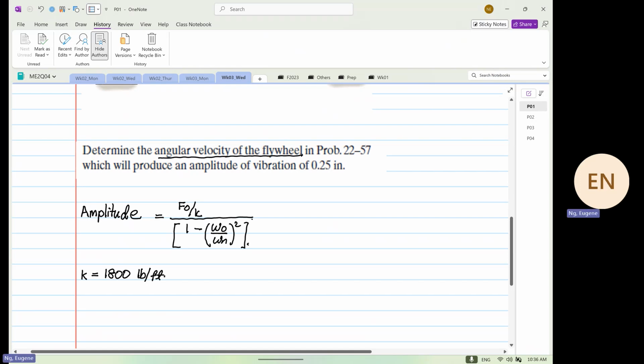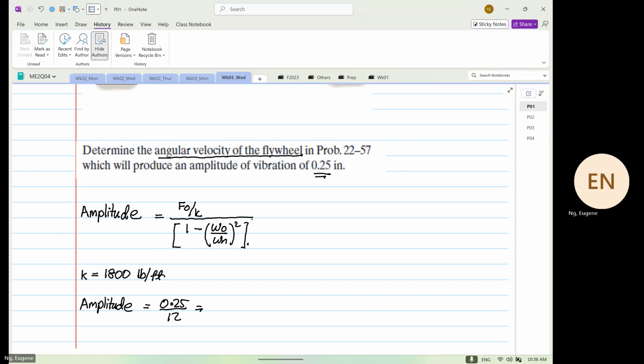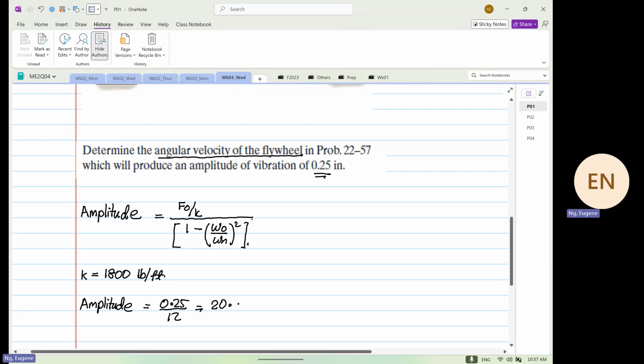And we know that the amplitude we're going to produce will be equal to 0.25 divided by 12, which is equal to 20.833 times 10 to the power minus 3. Now we have converted this to feet.